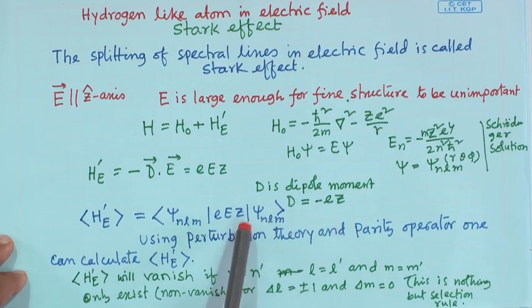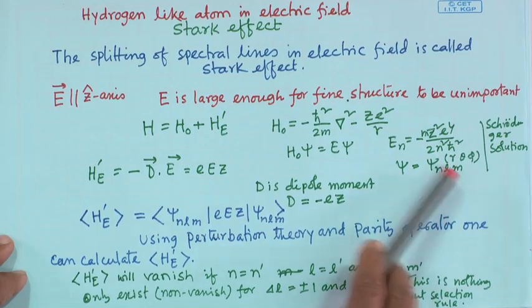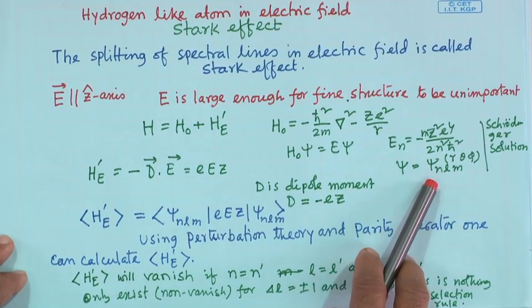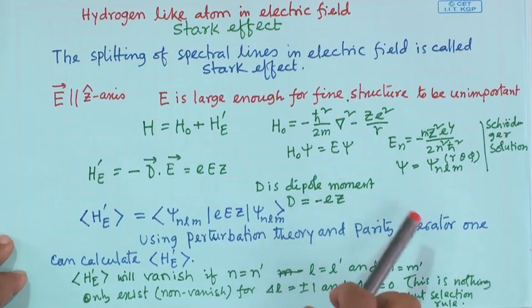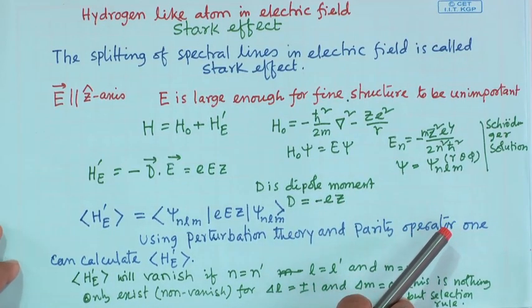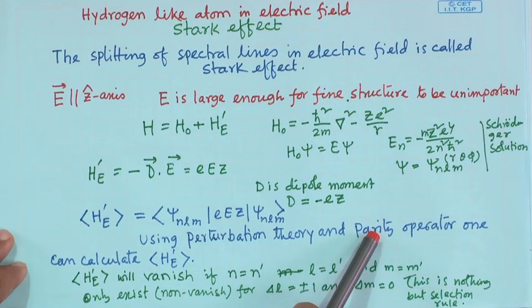From this property of the wave function, and as I told you, this wave function is a simultaneous eigenfunction of the parity operator. I have not discussed the parity operator yet.